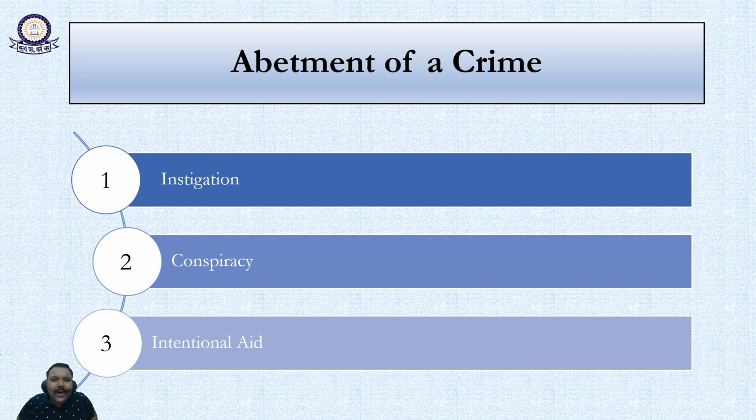So some overt act, some positive act must be done in order to punish a person for abetment by conspiracy. If I have conspired with certain people to commit a crime, something must be done in pursuance of that. Means, if simply I have made a plan, it is not generally punishable as abetment.